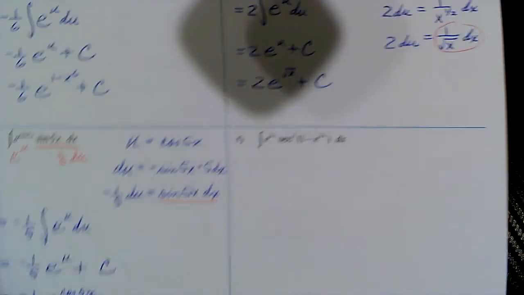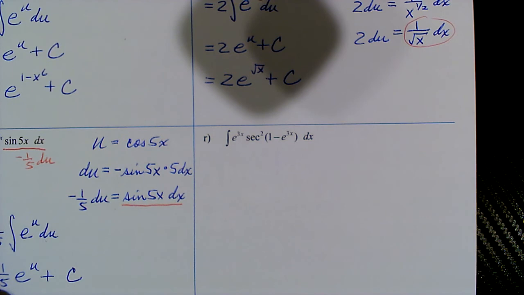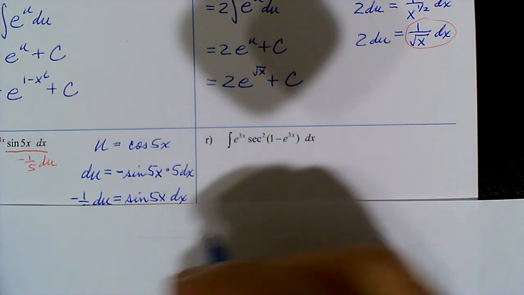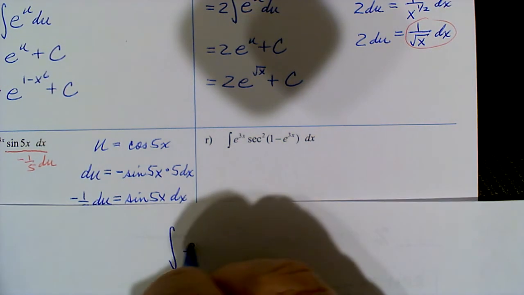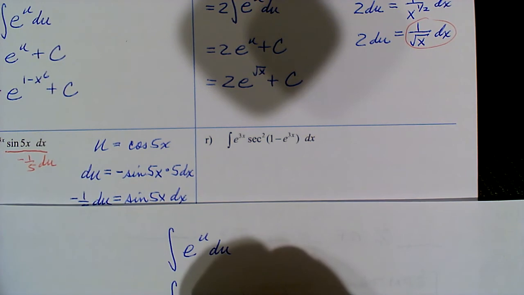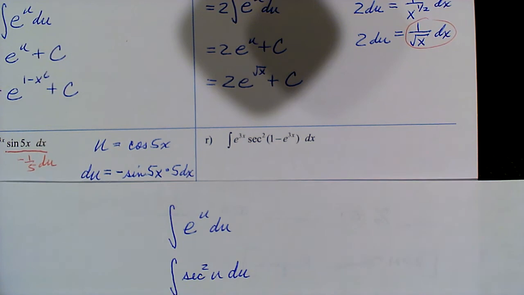Okay, so then in letter R, we see a similar situation in that we have an exponential and a trig. So here, the choices again would be either e to the u with respect to u, or in this case, the integral of secant squared of u with respect to u.